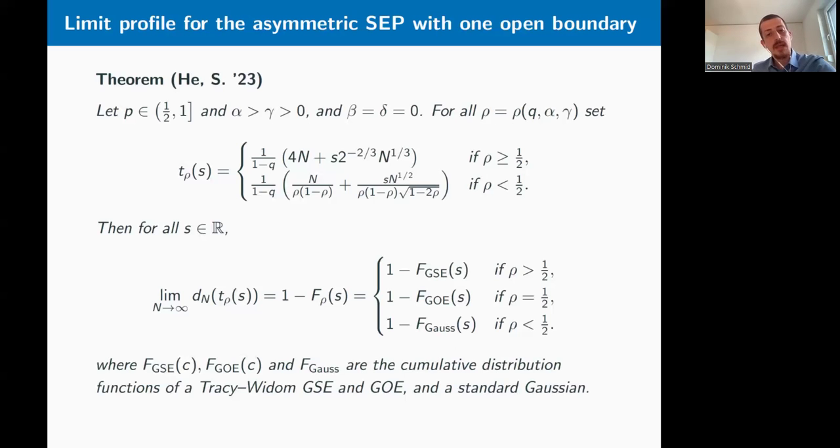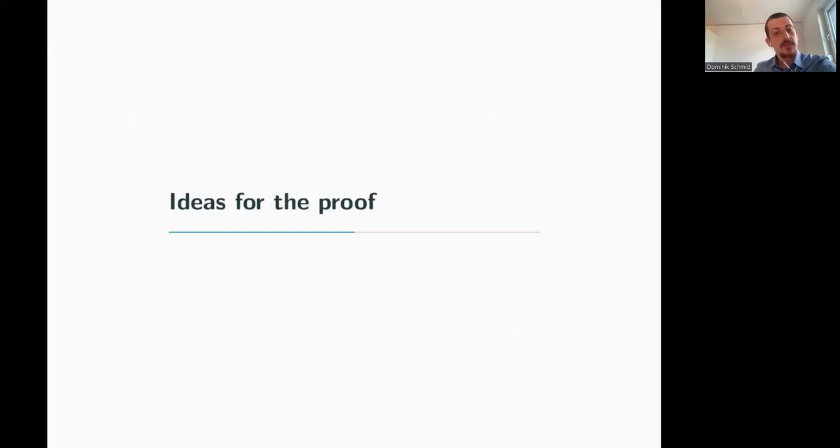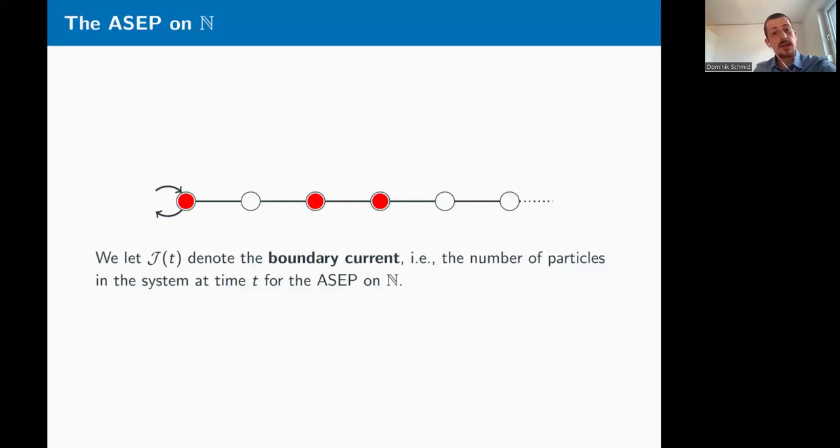But where does this come from? That's going to be the ideas of the proof, and it follows a similar line as the arguments by Baik and Liu. The process we will use to show these limit profile statements is an asymmetric simple exclusion process, but now on the half line, just on the natural numbers.